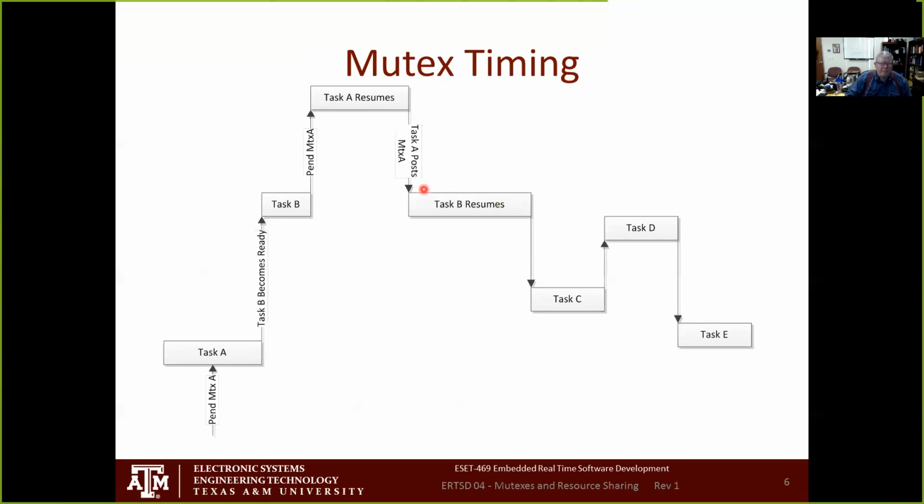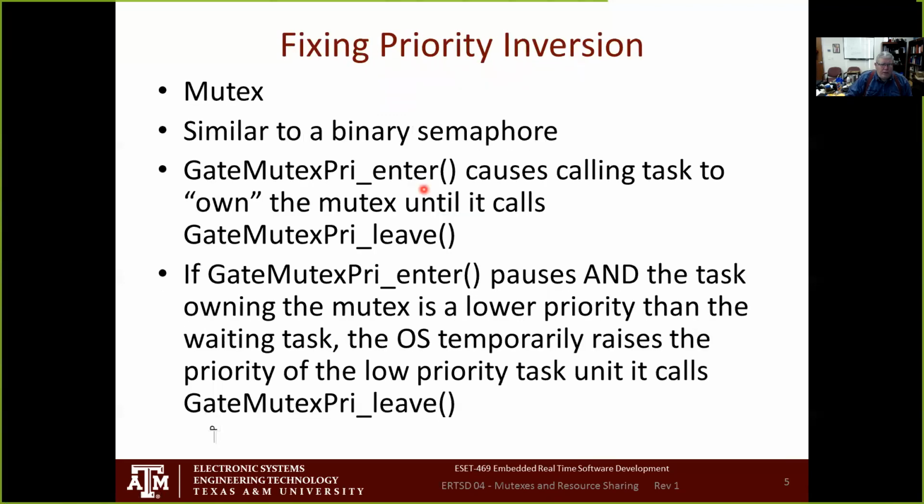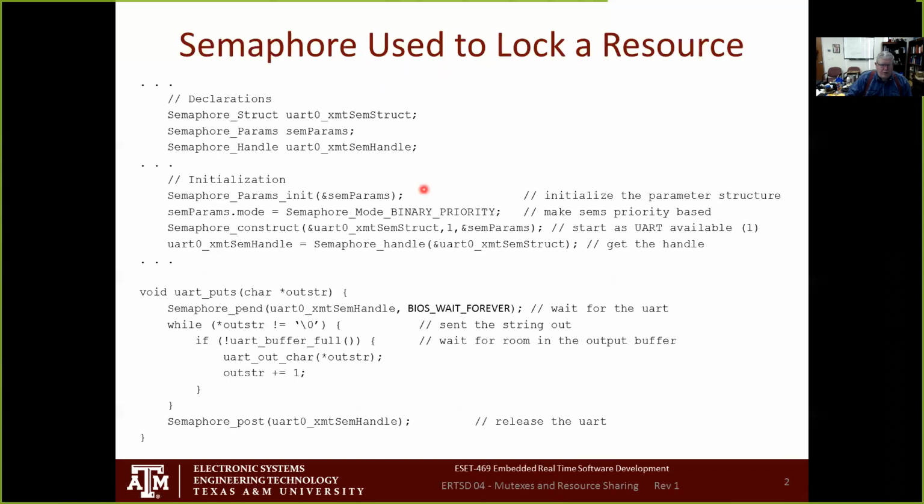So if we go back here and we look at this example function that I had, we were going to replace these with a gate enter and a gate leave.